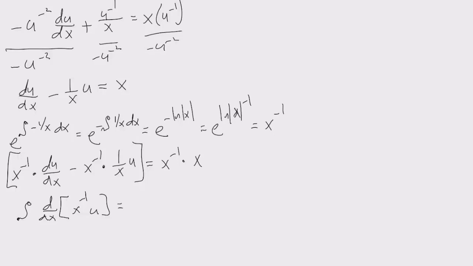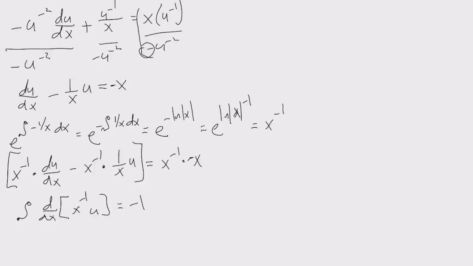Where's my minus x? I think I have a minus that disappeared on me. Let me find it real quick. Okay, so up here, that little minus I misplaced. All right, so that's going to give me negative 1.